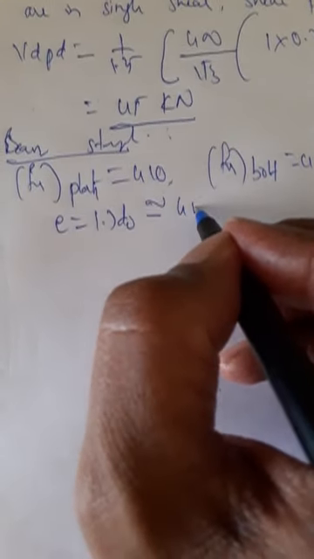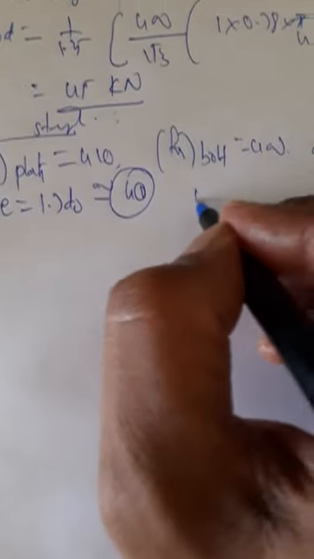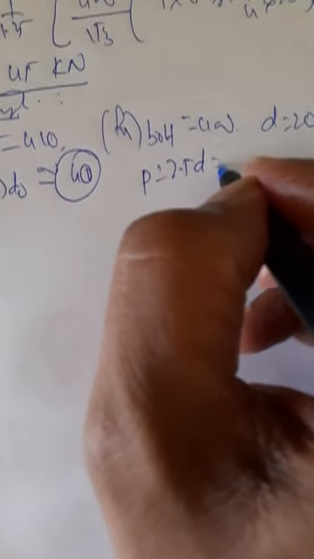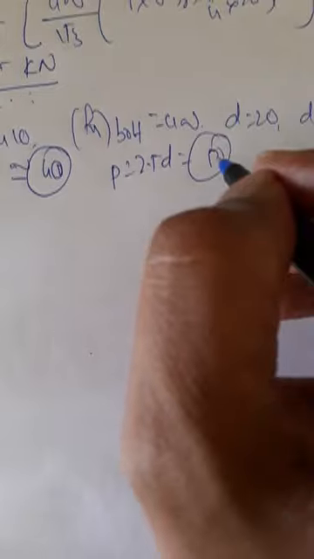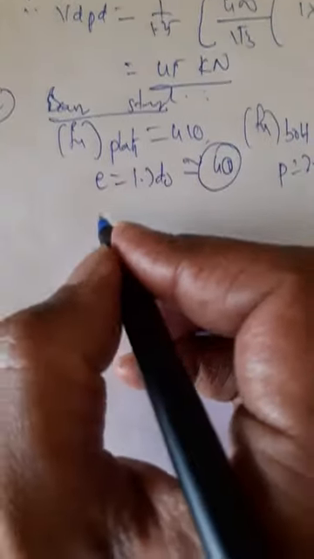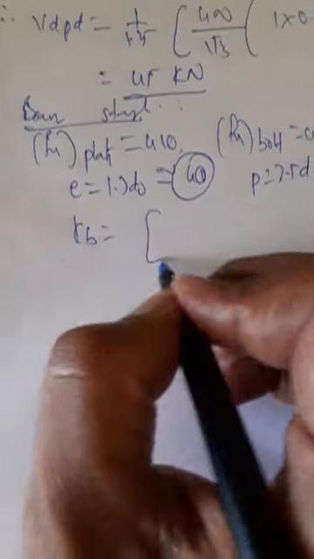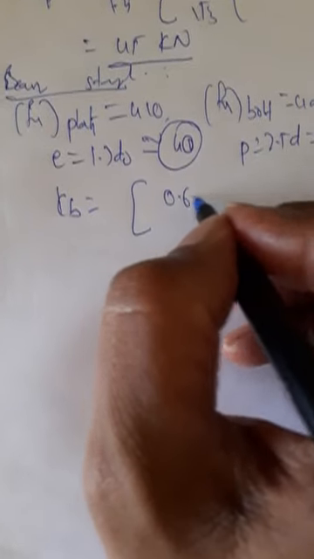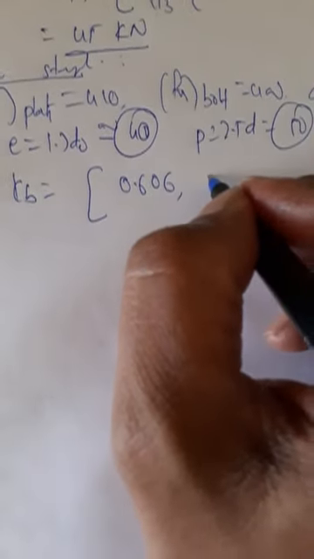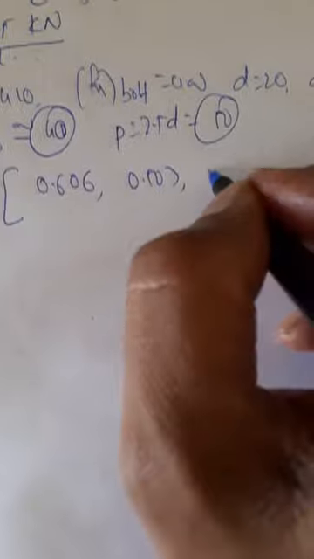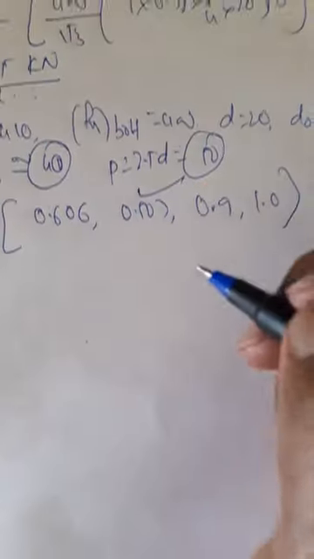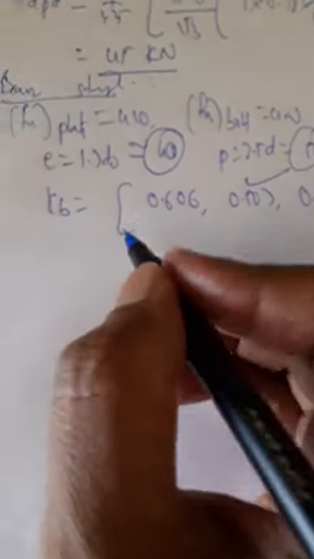So you can finalize that to 40 mm. Pitch is 2.5 D. So finalize that as 50 mm. So calculate KB. For KB there will be 4 values. First value is 0.606, second will be 0.507, third will be 0.9, fourth is 1.0 constant. So KB is 0.507.